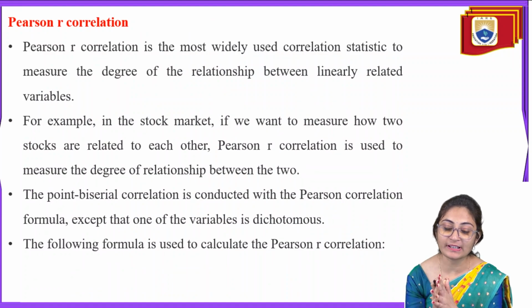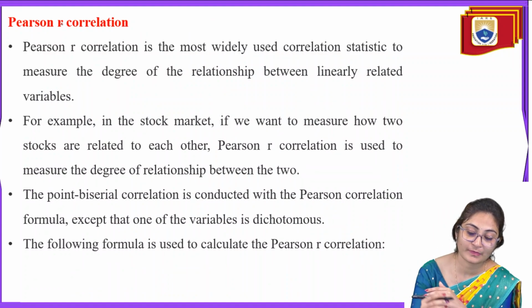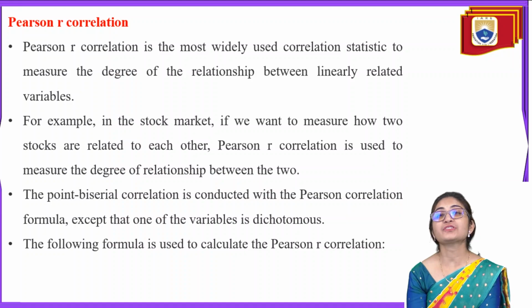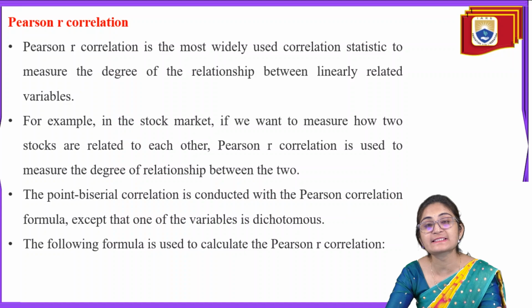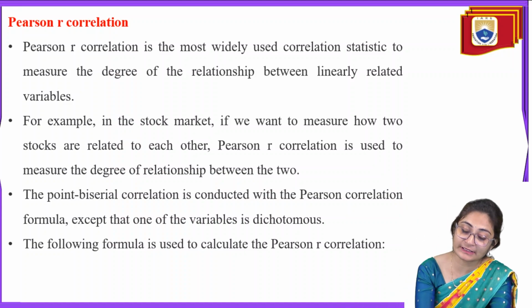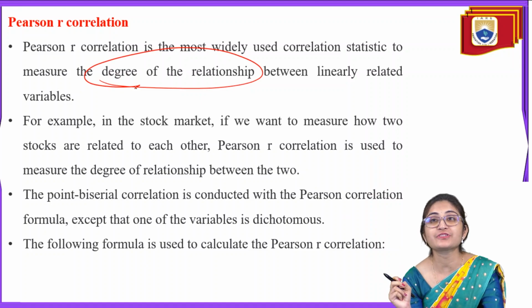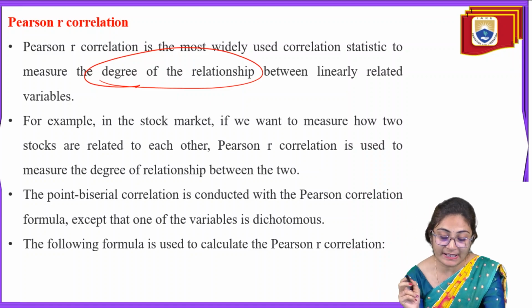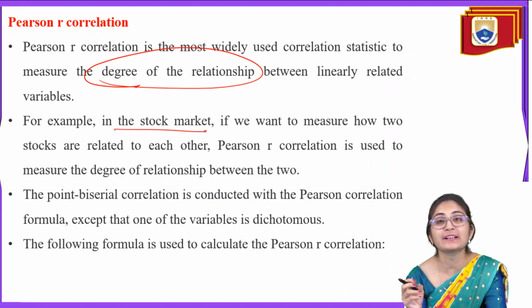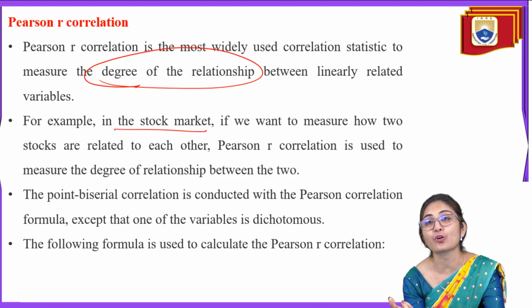Pearson correlation. Pearson correlation is the most used correlation statistic for measuring the degree of relationship. Here we will use the degree of relationship between variables, but which variables? Those variables which are linear. For example, we can take the example of the stock market.